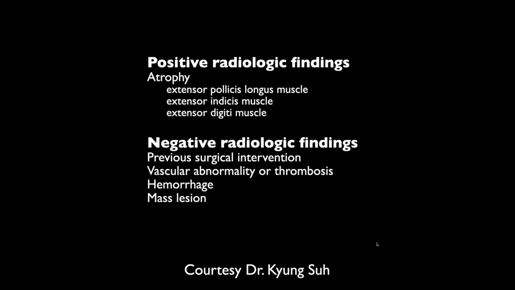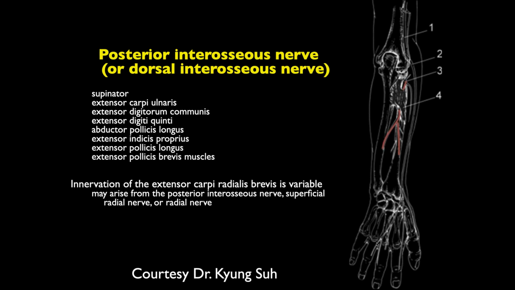Extensor pollicis longus, indicis, and digiti, and no prior surgery, hemorrhage, or mass lesion. So I think this can be the result of chemotherapy. She also had surgery. You'd have to worry about scarring.